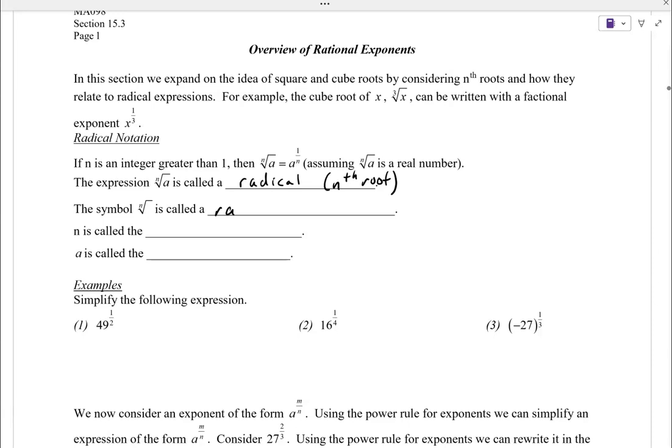The symbol itself, just like before, is called a radical sign. The n, that little n there, we refer to that as the index. And the a is the same name that we gave it before. That's still the radicand.